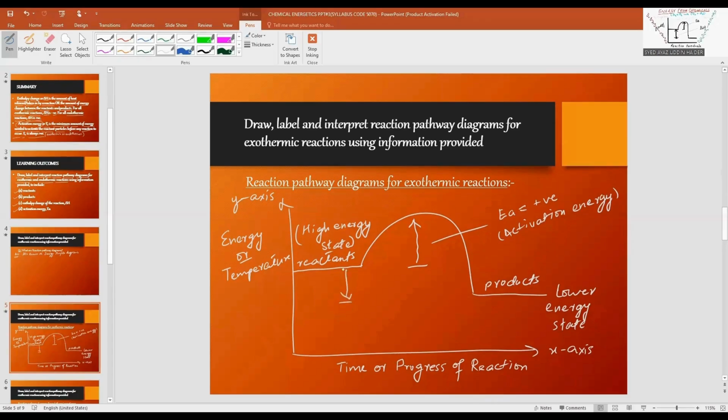So this will be the enthalpy change, and we use delta H. This is an exothermic reaction, so I will write negative. So this is the energy profile diagram or reaction pathway diagram for any exothermic reaction.